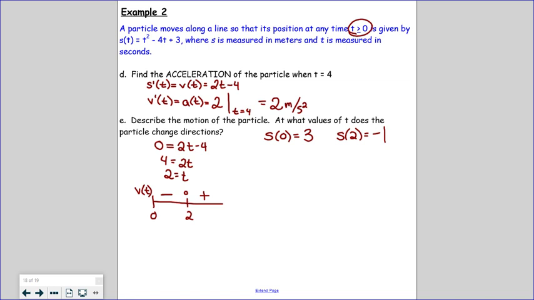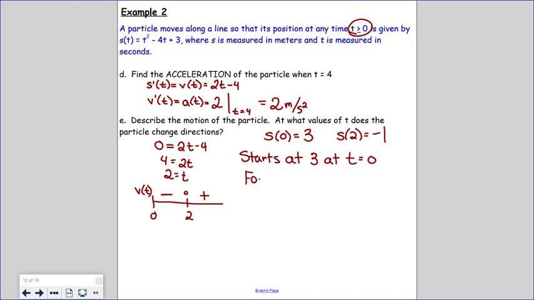Okay, so our particle starts at position 3 at time equals 0. And then it moves left.